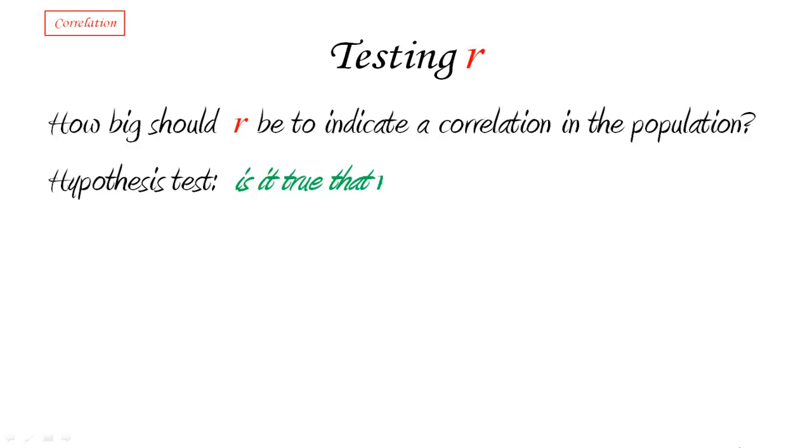Well, first of all, the tests that are commonly used are a hypothesis test. Is it true that r is equal to 0? Basically all they ask is, can we assume from our data that the correlation coefficient is 0, or should we conclude that it is different from 0? They do not test whether the correlation coefficient is bigger than a certain number.